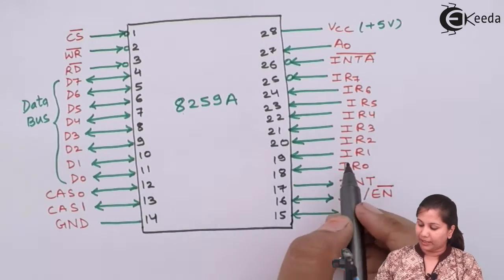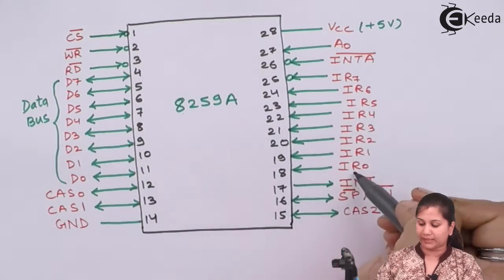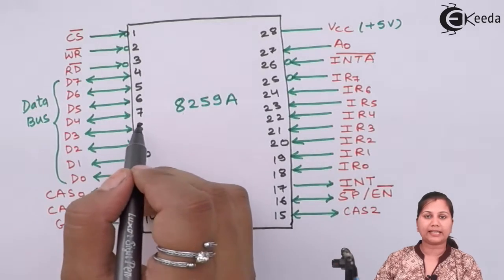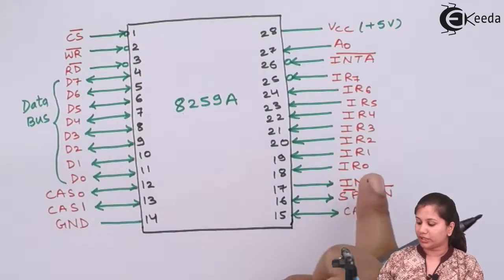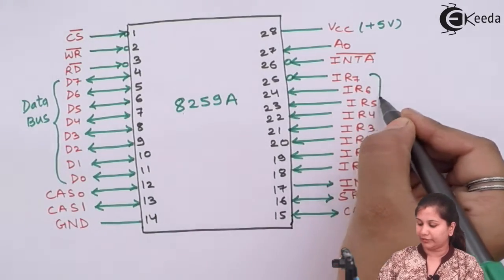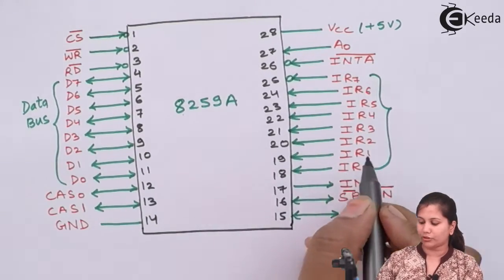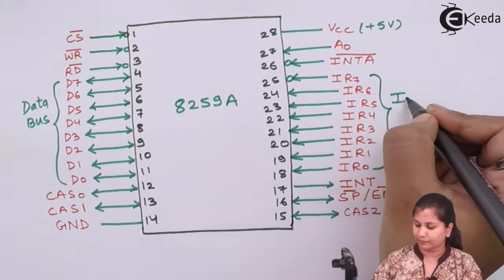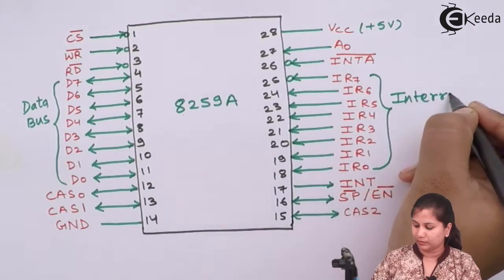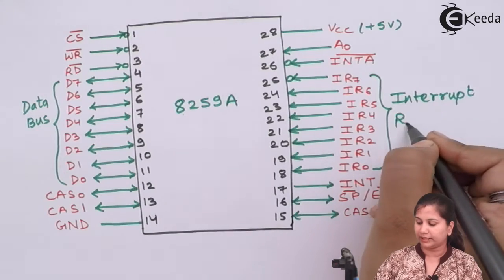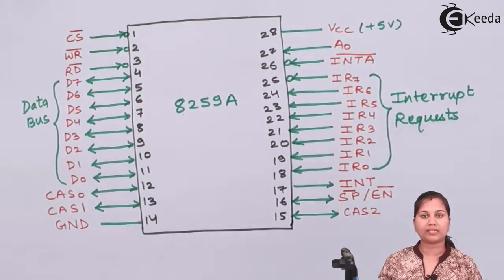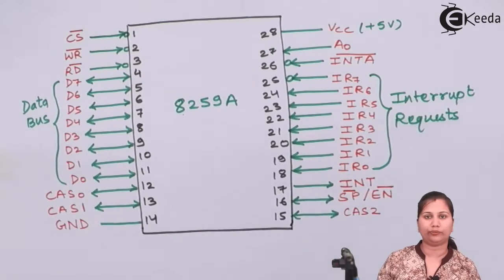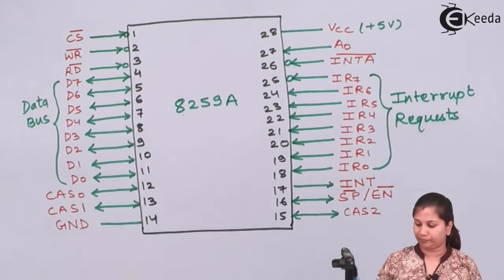Then we have the interrupt requests. As this 8259 is able to handle 8 interrupt requests at a time, these are the 8 interrupt requests, IR0 to IR7. These are the interrupt request signals, meaning 8 interrupt requests can be sent to the 8259 at the same time.